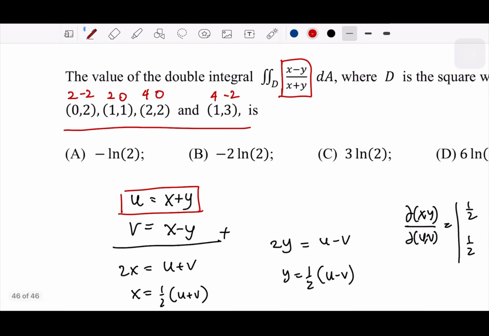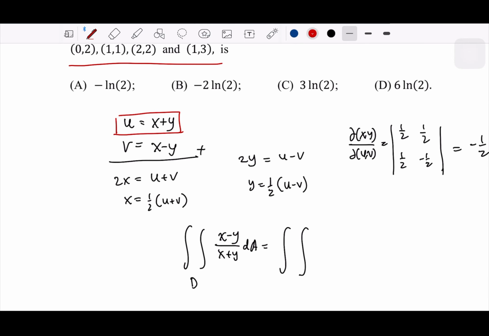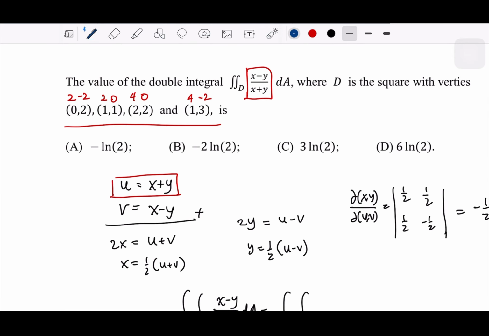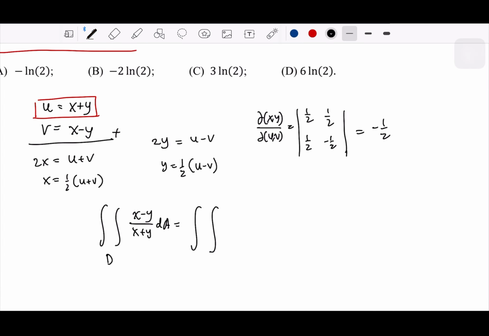Okay, so from here we get u between 2 and 4, and v between negative 2 and 0. And we can take that into our calculation.